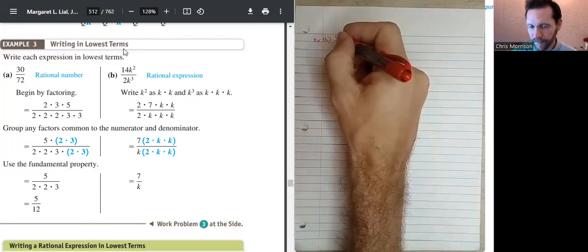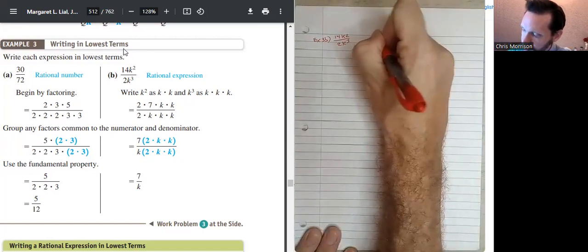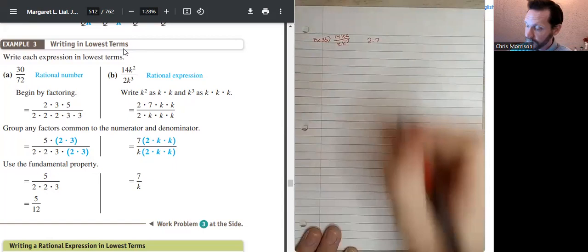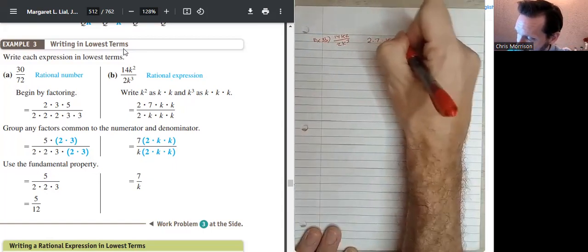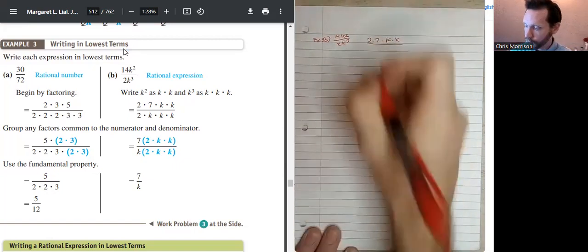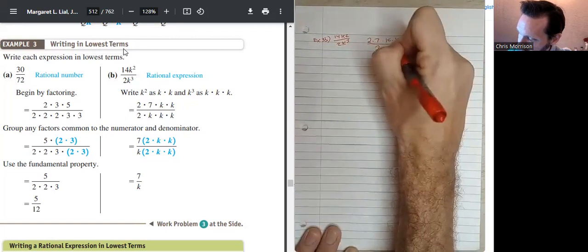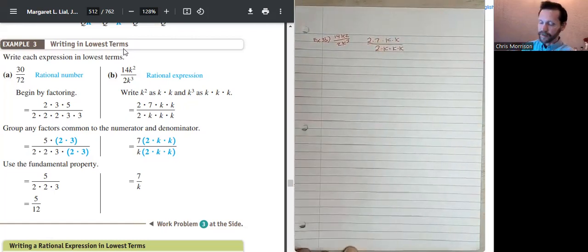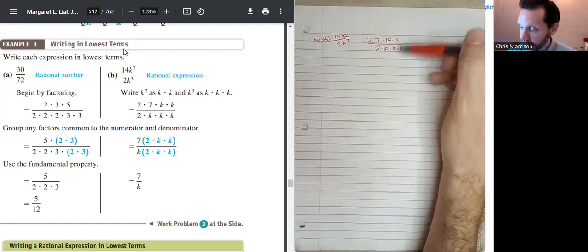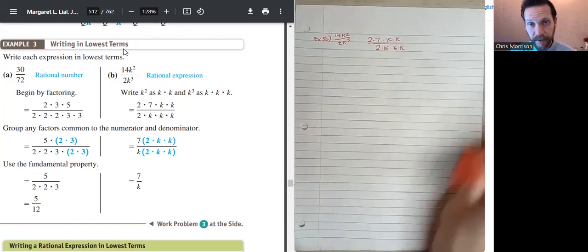So let's write out all the prime factors of 14. So we know that's 2 times 7, and the factors of k squared are k times k, over, and the factors of 2, of course, are just 2, and the factors of k cubed are k times k times k. Now, I can ask what I can group together that's in common. I notice 2, k, k, 2, k, k, those are together.